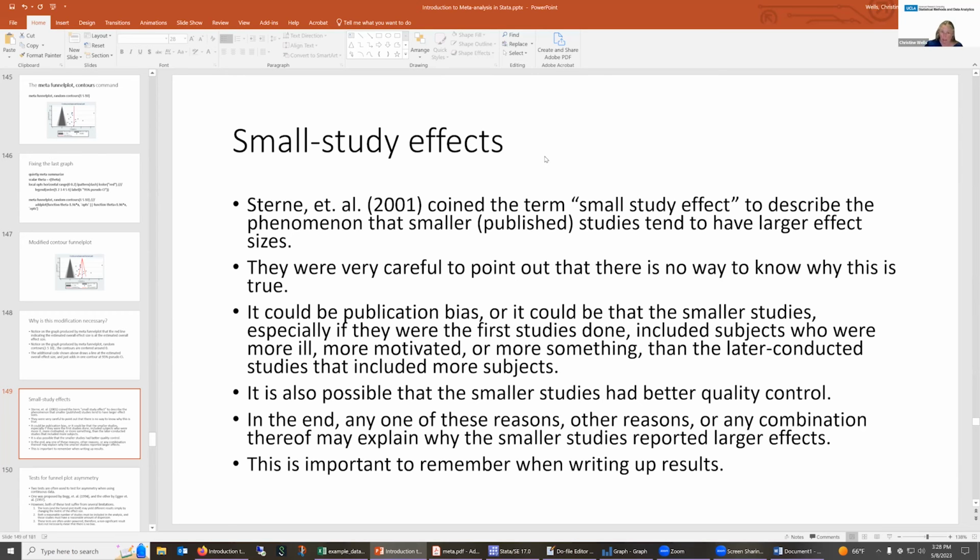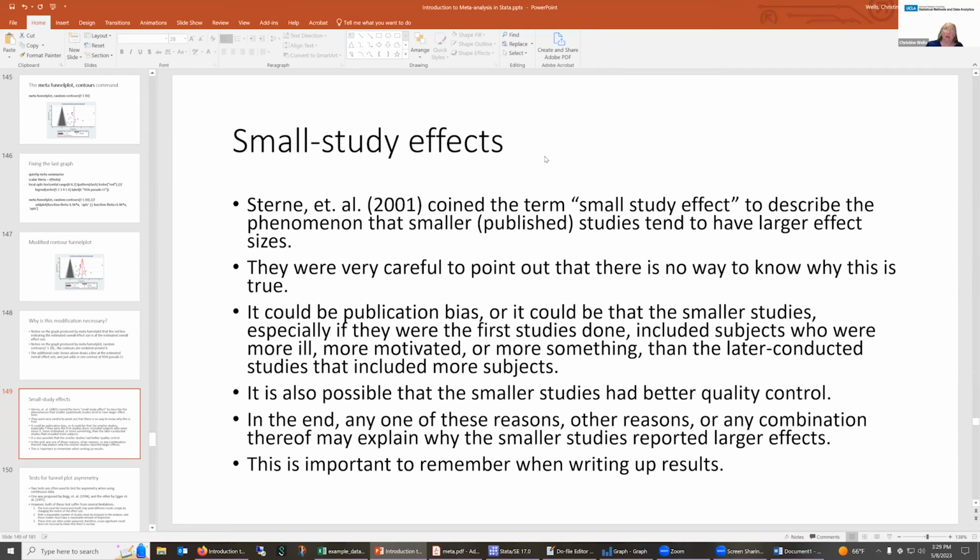It could be publication bias. It could be that the smaller studies, especially if they're the first studies done in an area of research, maybe included subjects who were more ill, more motivated, more something than the later conducted studies that included more subjects. It's also possible that these smaller studies had better quality control. I can see that.